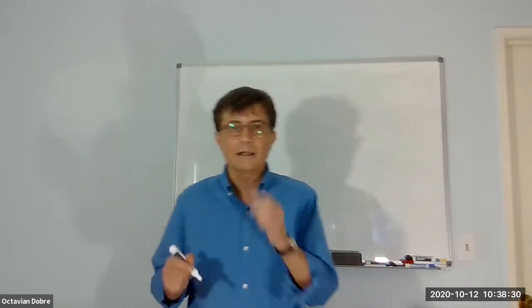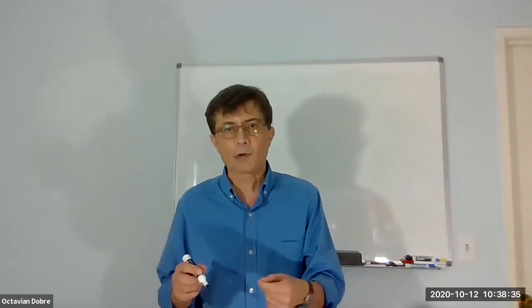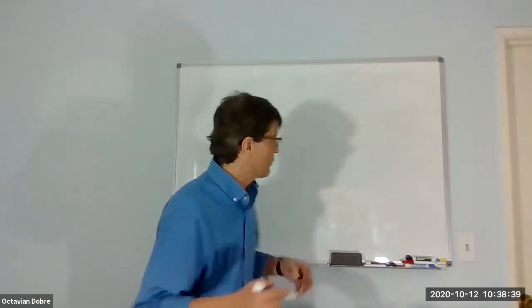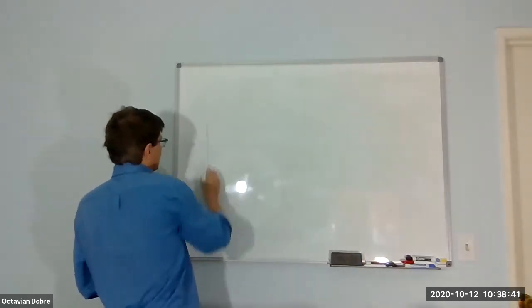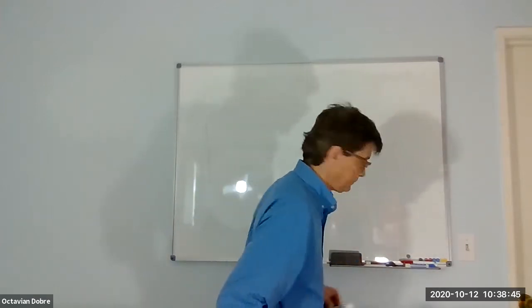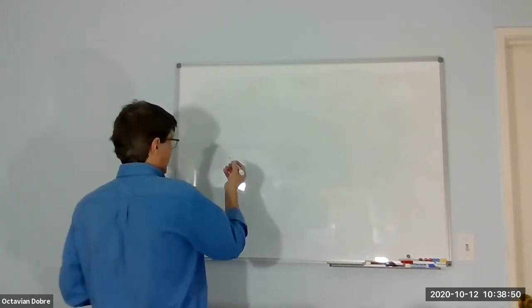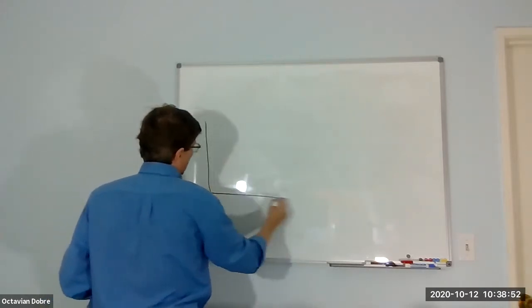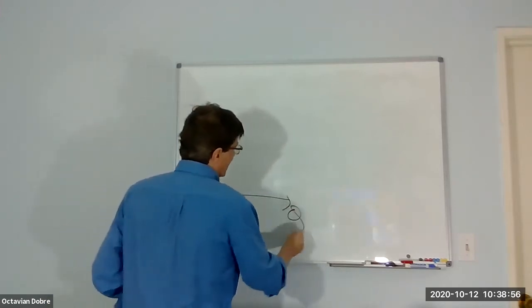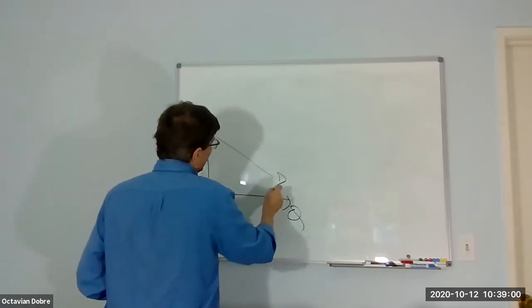Right from the start, here's the problem. When we talked about the supply and demand for apples, it was very easy to draw a graph. We have the price of apples, the quantity of apples, and the demand for apples.